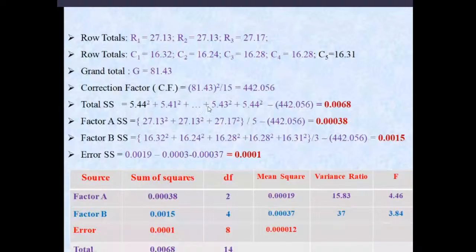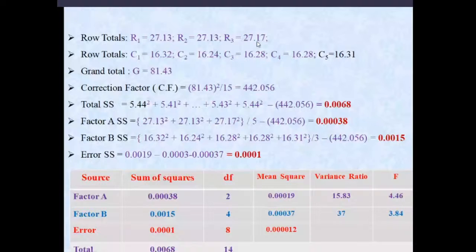And the raw sum of squares: each observation that you square and add, minus the correction factor. And for factor A, whatever the R1 square plus R2 square plus R3 square, and so on, by the number of observations in each row, minus the correction factor.